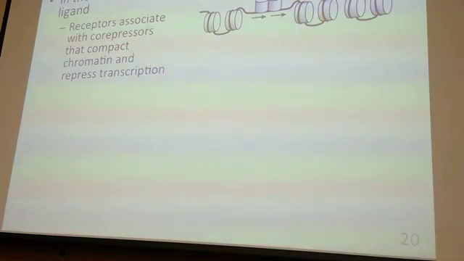So they recruit co-repressors, which are going to affect the histone packing of the DNA. Okay? So this results in increased packing around the histones and decreased gene expression from these target genes. So this is mediated by the co-repressors that are recruited by these heteroligomerized receptors. So this is in the absence of a ligand.